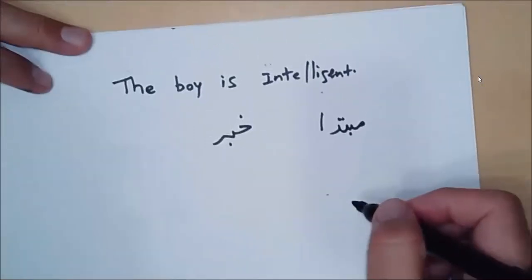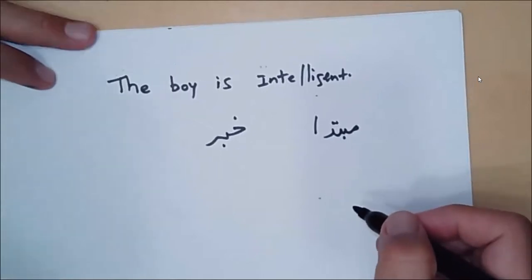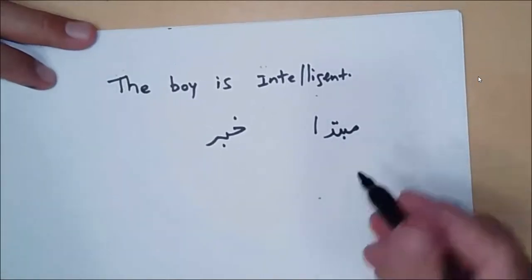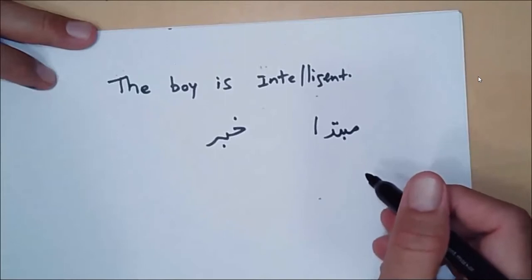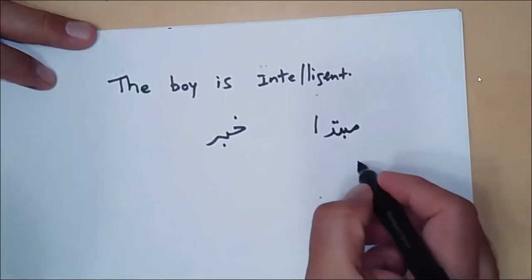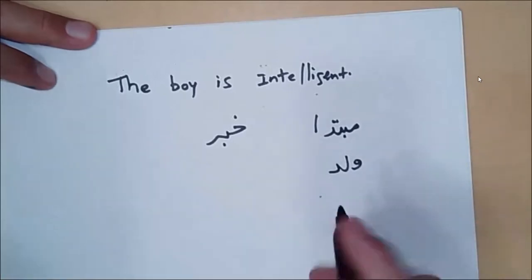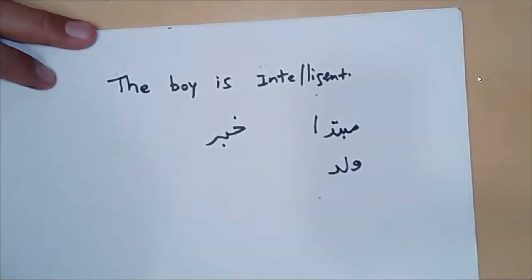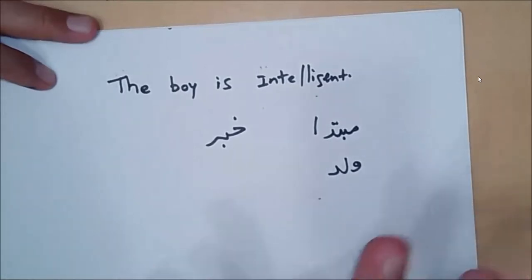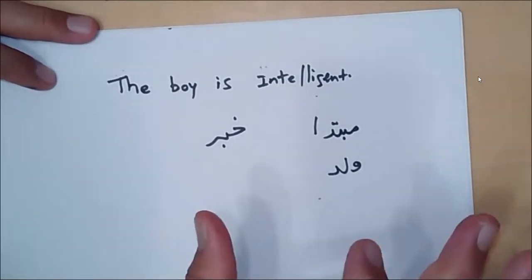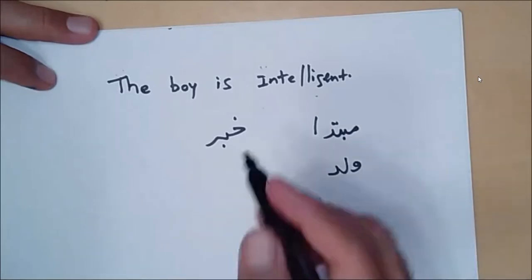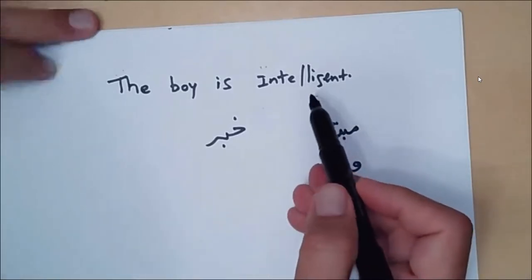Now, who is the mubtada? Boy. What is the Arabic of boy? Walad. Al-waladu. Very good. Okay, look, just stick with me so that we do it together so that everybody gets the concept. You're right, but I'm just going to put the simple walad, walad means a boy, right? Now, what is the Arabic of intelligent?